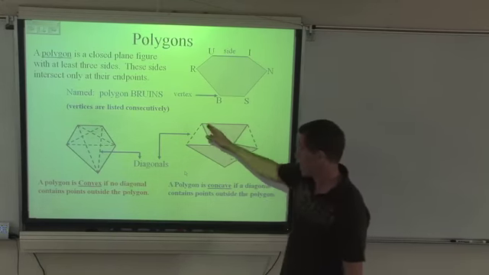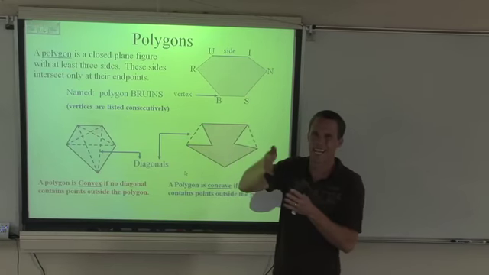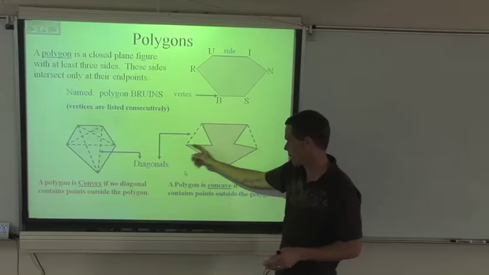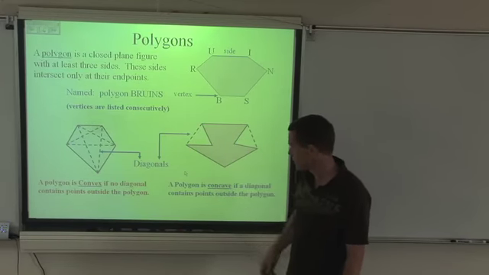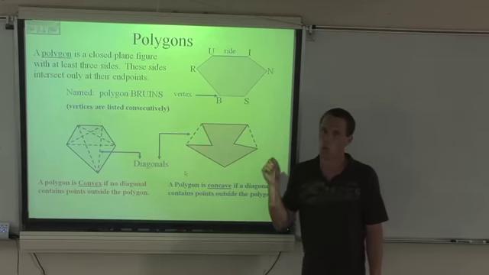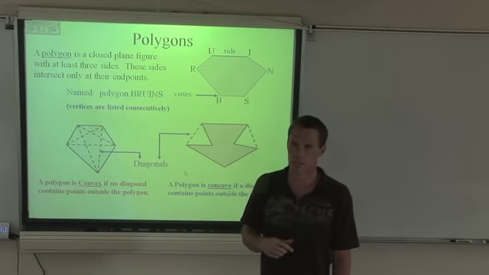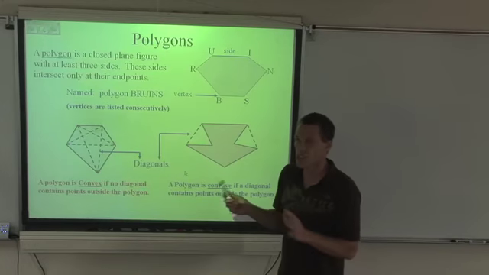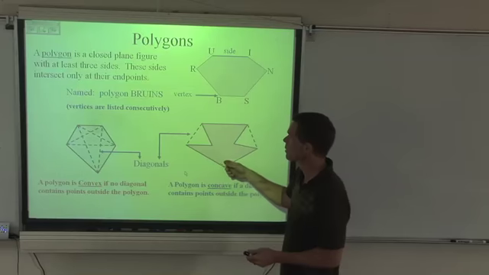So concave is meant to mean sunk in or has a dent in it, like this portion right here. There's 2 points on this polygon. But if we have one diagonal that goes outside the shape, it is concave. So those are some of our definitions for today, and now we can get into the material.